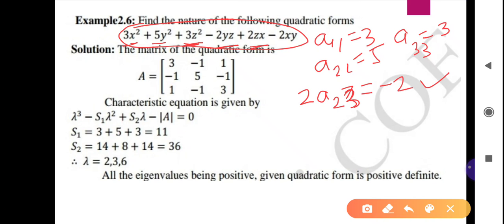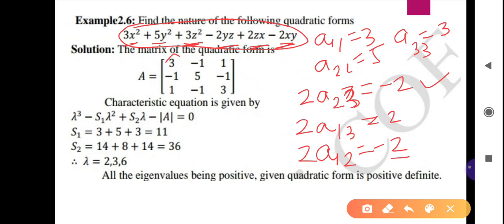After that zx, so 2 times zx or xz we can write. x is the first variable, z is the third variable. So, 2 times A13 is 2. From that we will get the value of A13 as 1. And after that xy, so it is 2 times A12, x is the first variable, y is the second variable, the value is minus 2. From that we get the value of A12 as minus 1.